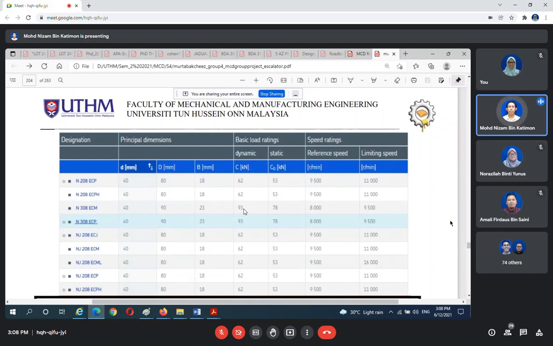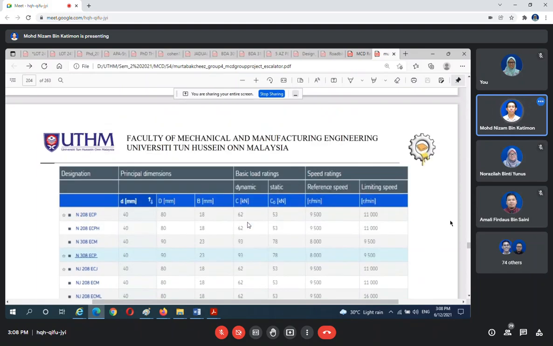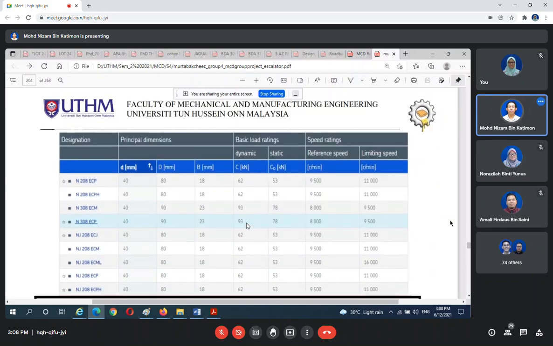Therefore, in this group they select 93, which is close to 75 but bigger, 93 kilonewton. That's how we determine the bearing. I hope it's clear.